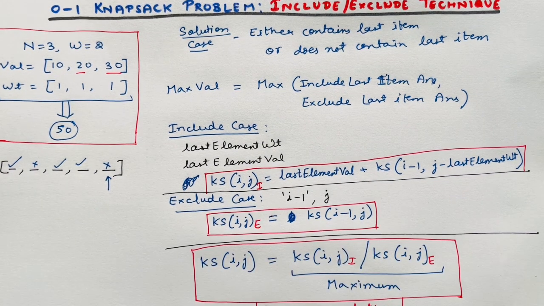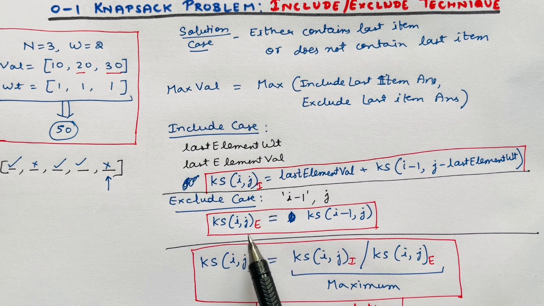So our final answer, the maximum value that we can achieve using these items and the capacity, will be equal to the maximum of these two answers. The first answer denotes the answer for the include case. It says the maximum value that can be achieved using these items, but we have to include the last item.